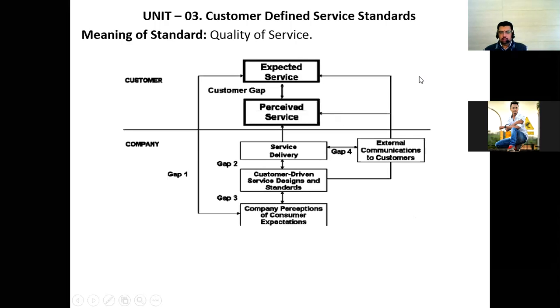Yeah, okay. Today I want to take further points on your unit 3, that is customer defined service standards.